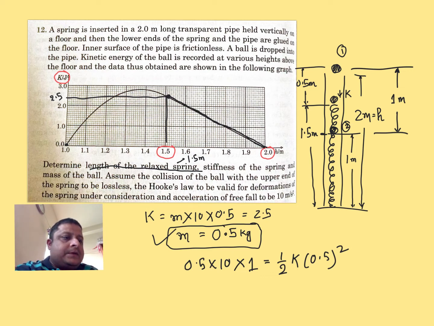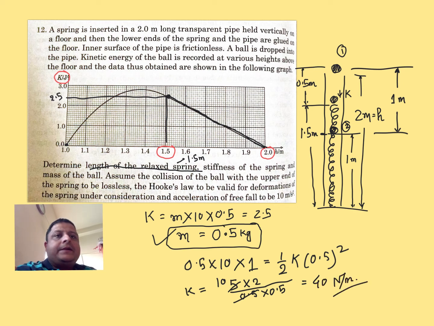So this is 5 into 2 divided by 0.5 square. So this you get 10. So k happens to be 40 Newton per meter. So the force constant of the spring is 40 Newton per meter. That's it.